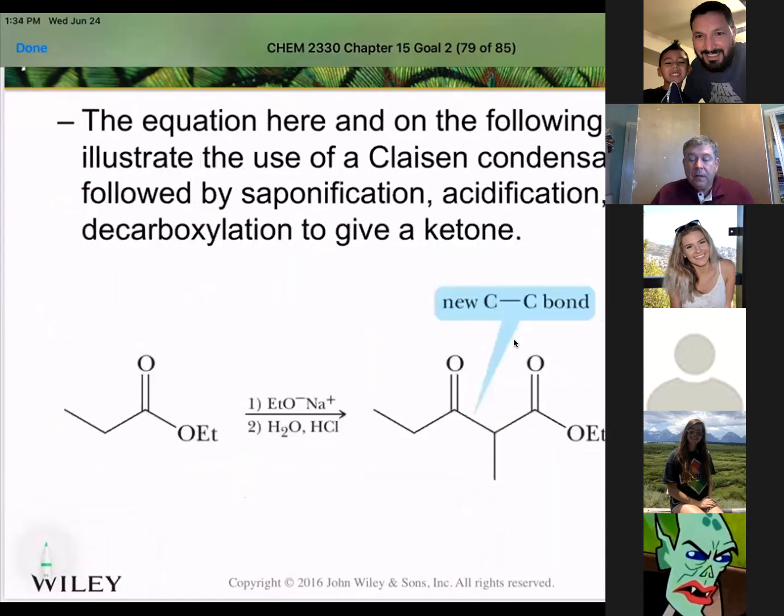Okay, so in both the aldol condensations and the Claisen condensations, we end up forming a new carbon-carbon bond. And in both of the reactions, we end up with an ester.